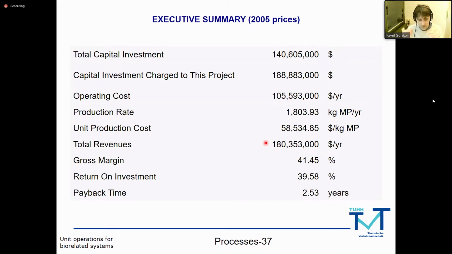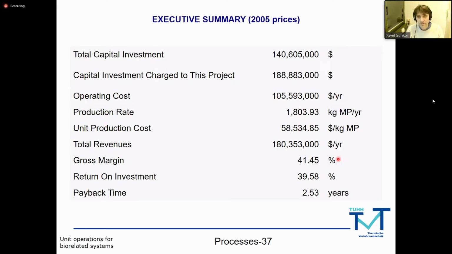In our example, this amount is all operating costs. Then we subtract this from 180 million and divide by total revenues, and we have the gross margin in percent. What does this number tell us? It basically tells us the fraction of money that is left over from all production sales.